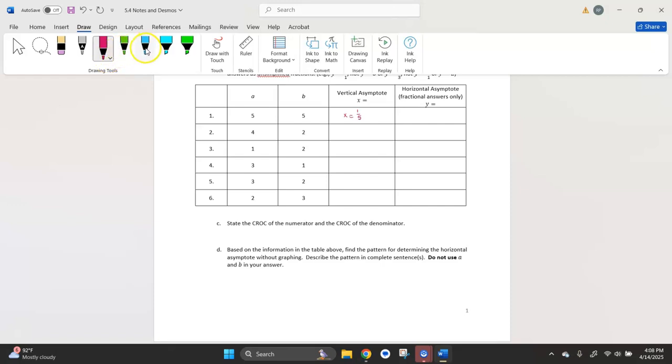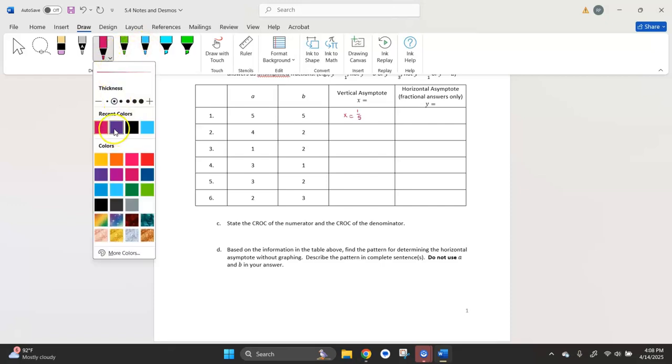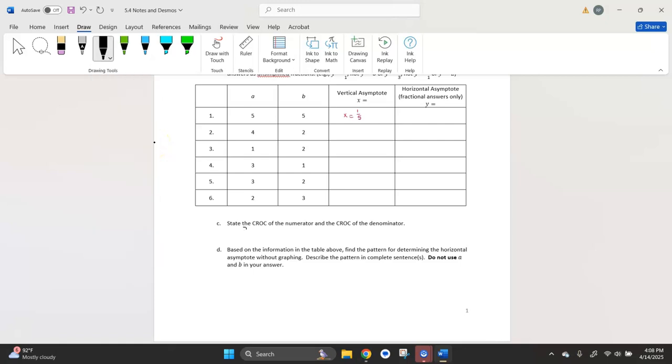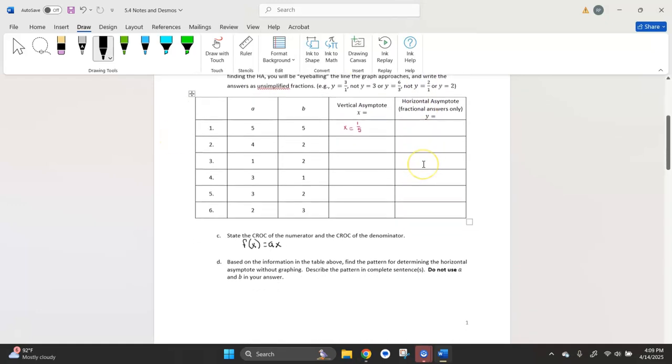One last thing I want to mention: what is the constant rate of change of the numerator? Remember that the numerator's function is f of x equals ax plus 3. The constant rate of change of this part is going to be a.